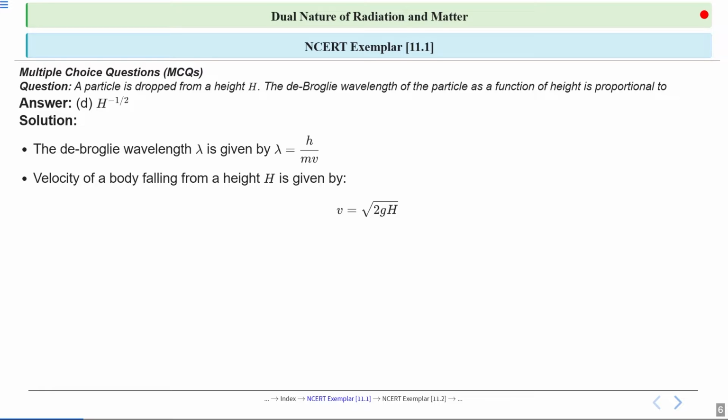Here g is the acceleration due to gravity and h is the height. Putting it all together, the de Broglie wavelength lambda is equal to h divided by m times the square root of 2gh. This means lambda is proportional to 1 divided by the square root of h, or h to the power minus half.